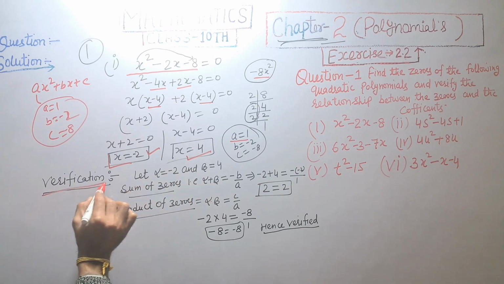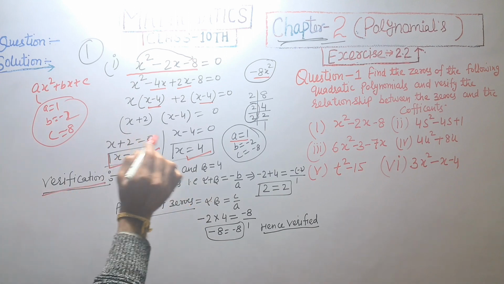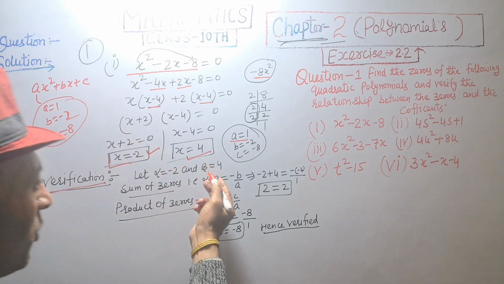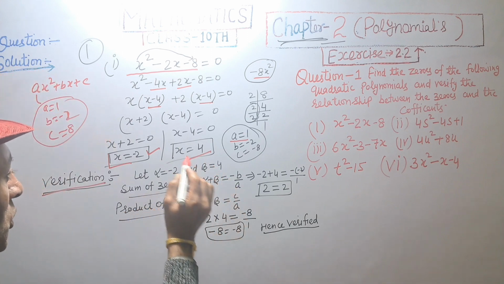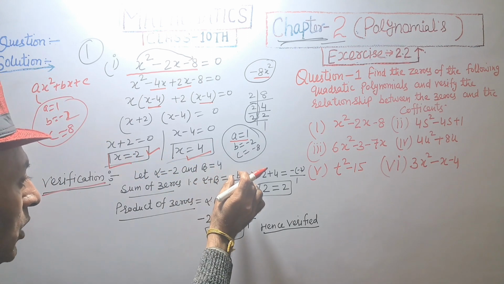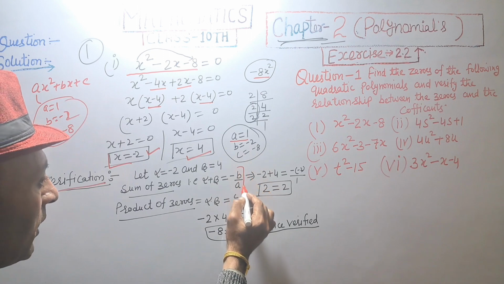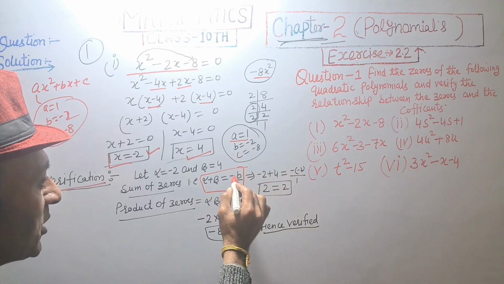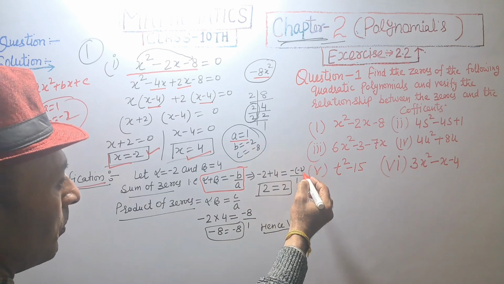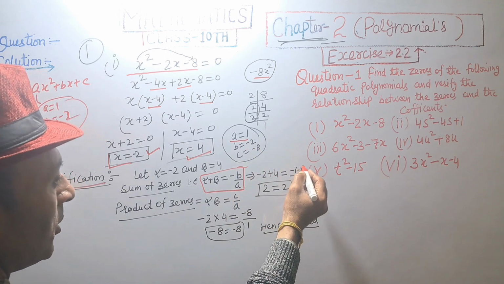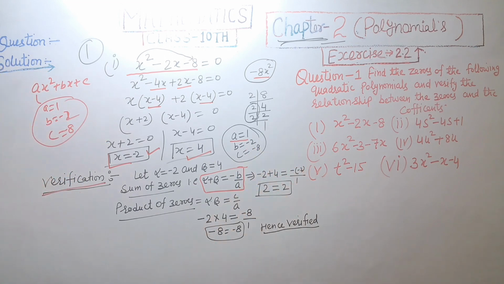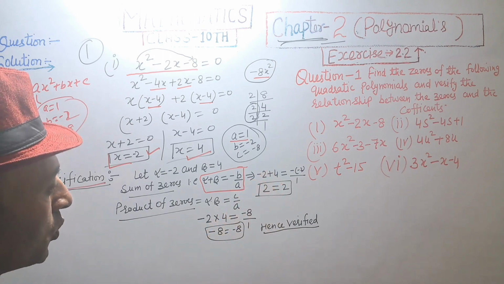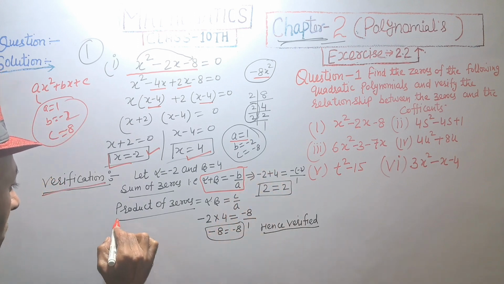And verification: let alpha is equal to minus 2, beta equal to 4. Sum of zeros, alpha plus beta, equal to minus b upon a, its formula. Minus b is minus 2, that will be minus minus, positive 2, and 4 minus 2 is also 2, hence verified.